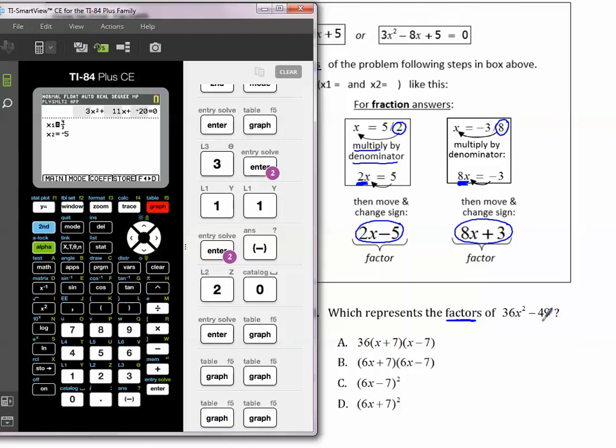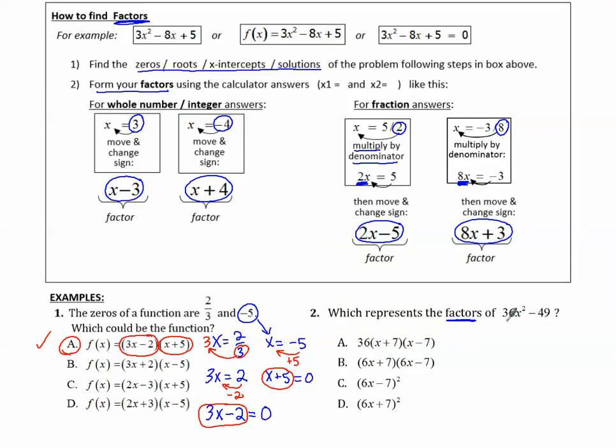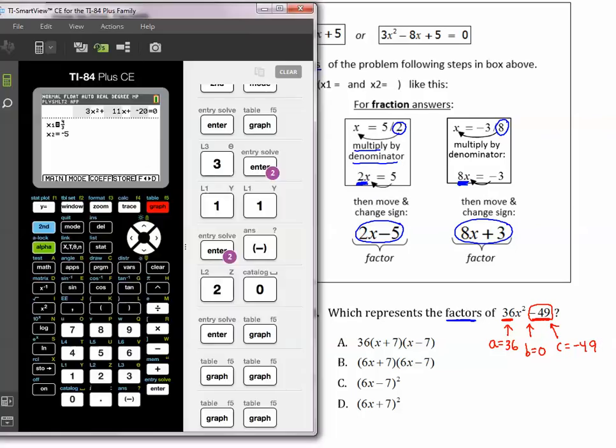So let's look at this carefully. In front of the x squared is 36. So A is 36. There is no x term, so the B, which would normally be in the middle, is 0. The C is the one that doesn't have any x with it, so the C is negative 49. That can be a tricky one.